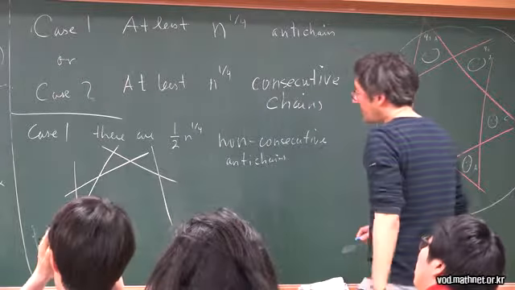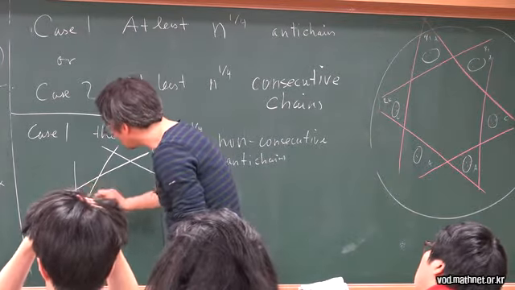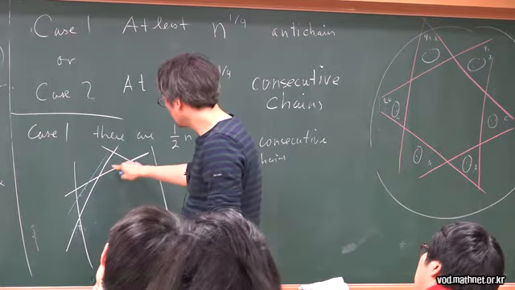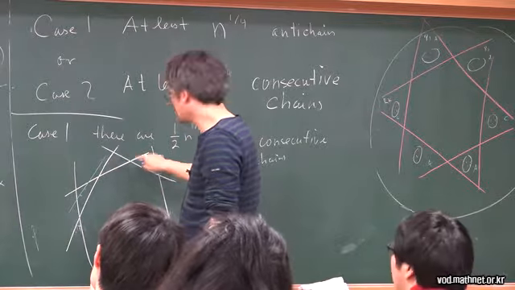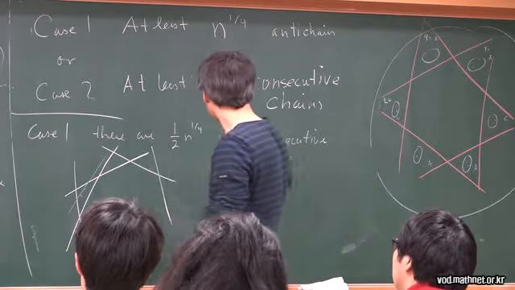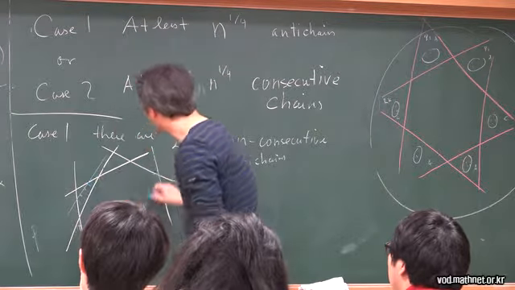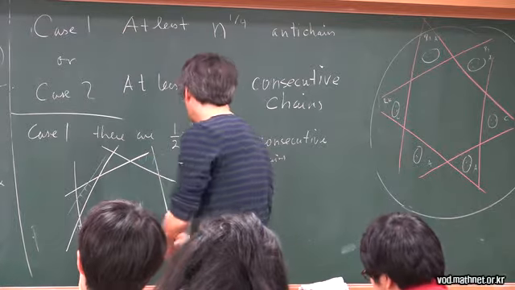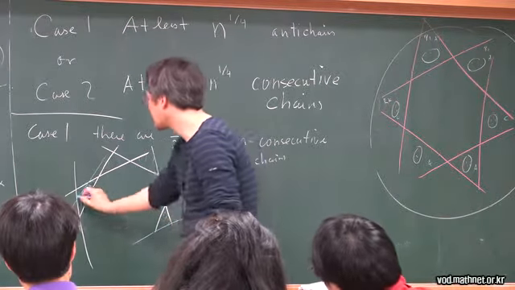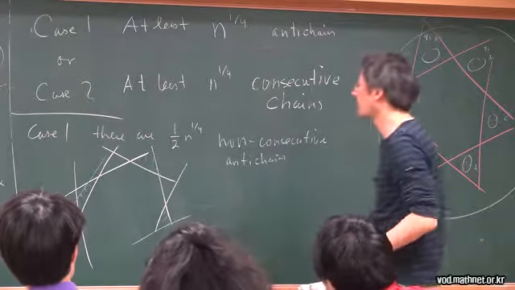In particular, if you look at two guys in an antichain, the line they span might intersect the neighboring region, but if you skip one, it won't intersect that region. That's why I'm taking non-consecutive ones. So I have a region here, I skip one, maybe here, and the line spanned by these two is not going to intersect any of these other guys.